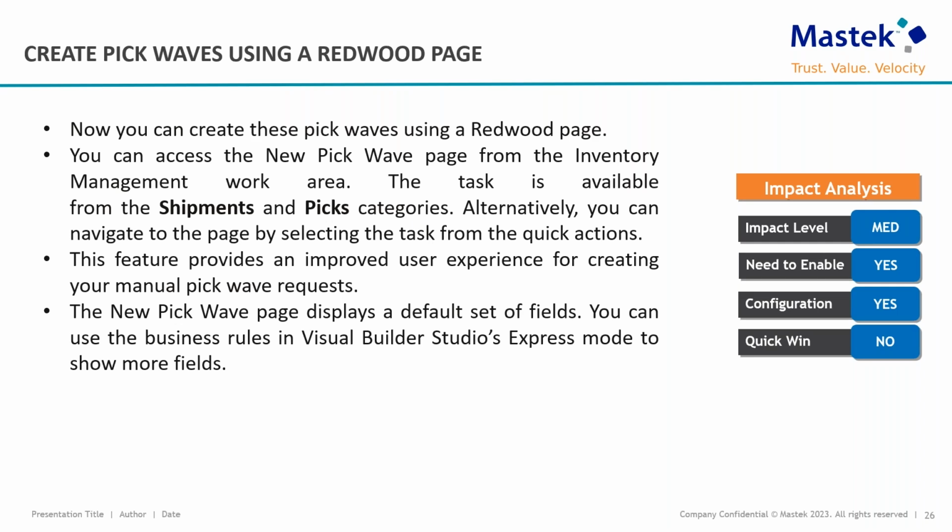In update 24B, mobile cycle counting was enhanced to present users with the locations that have open count sequences, allowing them to select a location and then scan the location barcode to confirm that they are counting the selected location. To simplify this process, the mobile cycle count flow has been updated to present the location and allow scanning of that location on a single page.